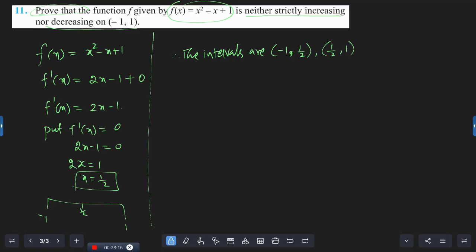In both intervals, suppose in one place increasing, one place decreasing, together when we check, you have to say neither nor. Together means when you join both, you will get minus 1 comma 1.